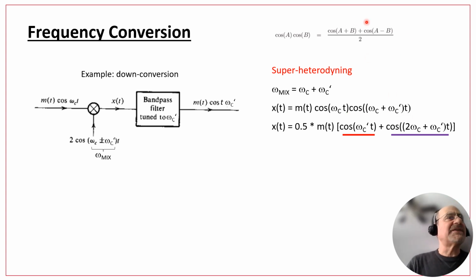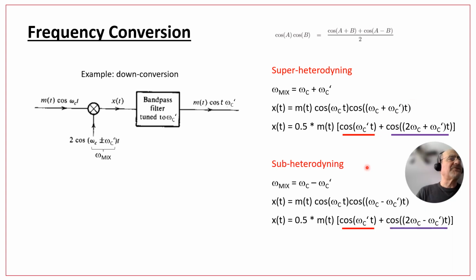If you use a trigonometric identity and work these terms, you can show that the final result is 0.5 multiplied by m of t multiplied by cosine omega c prime t, plus cosine at 2 omega c plus omega c prime. We call the first the desired term, and the second is a byproduct or high frequency term.